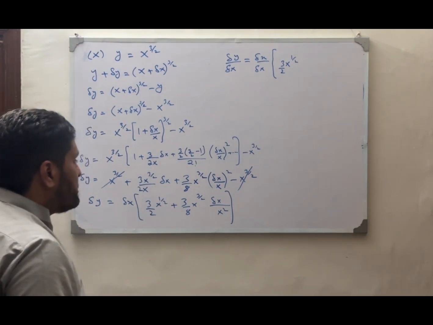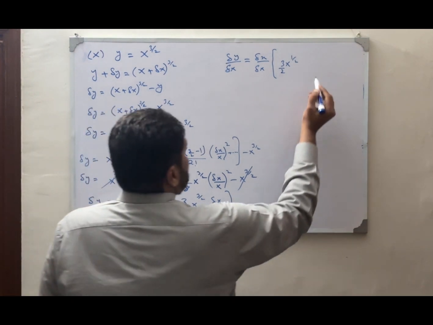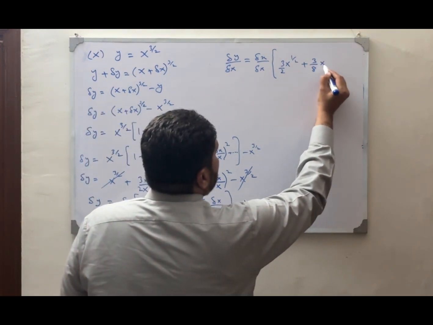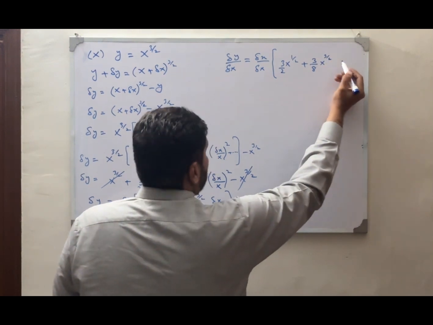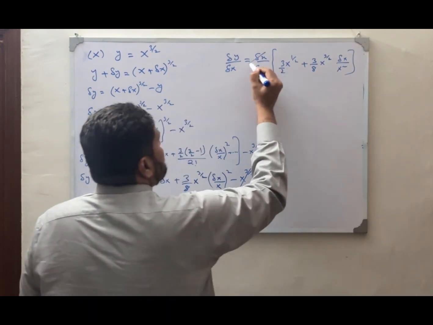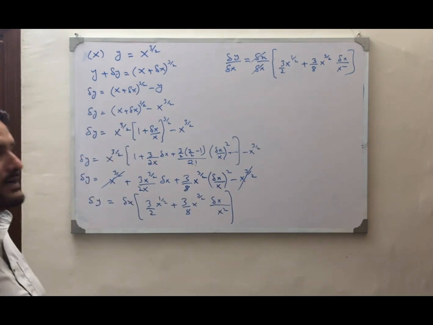So 3 by 2x power 1 by 2 plus 3 by 8 x power 3 by 2 into delta x over x square. So this delta x will be cancelled with the delta x in the denominator.